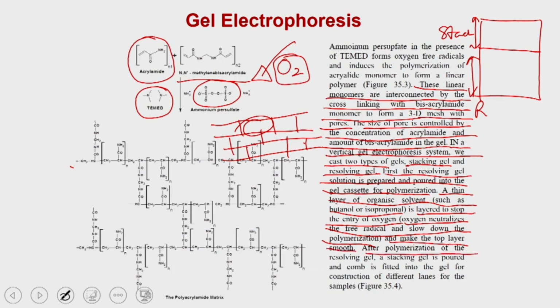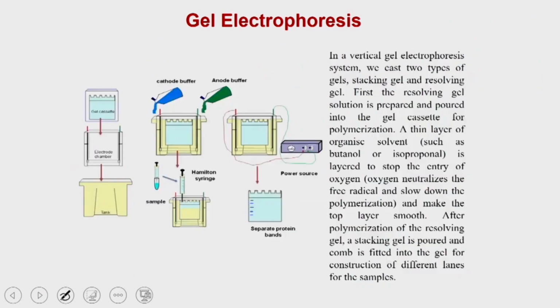After polymerization of the resolving gel, a stacking gel is poured and a comb is fitted into the gel for construction of different lanes for the samples. So, this is the gel cassette, the electrode chamber, and then the tank where you are going to place this. Initially you first cast the resolving gel, then you cast the stacking gel.